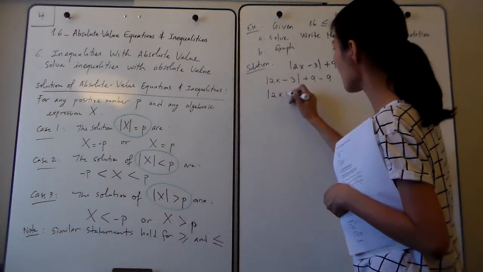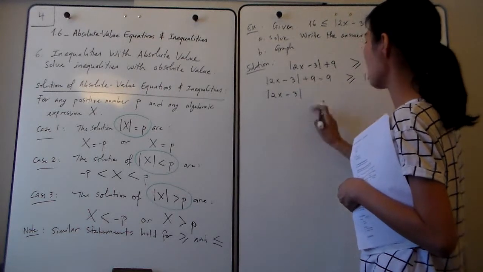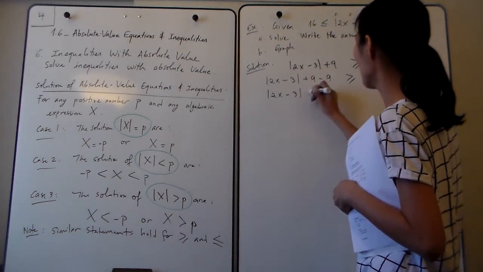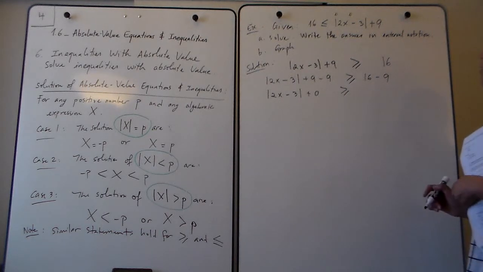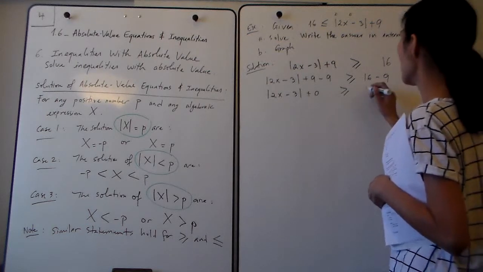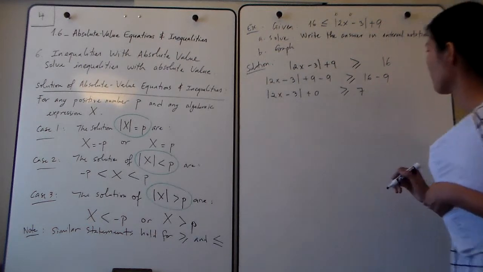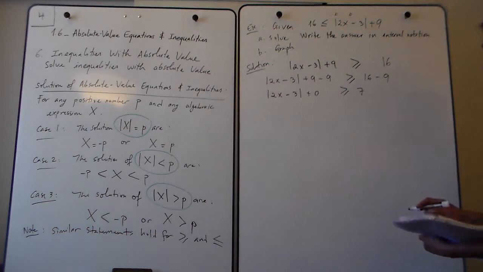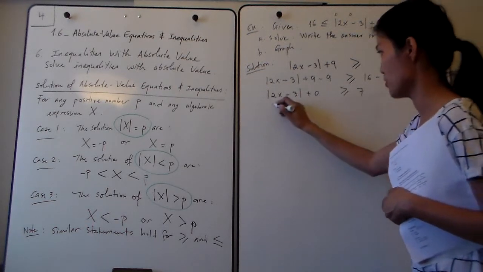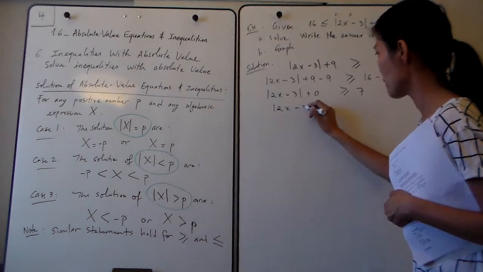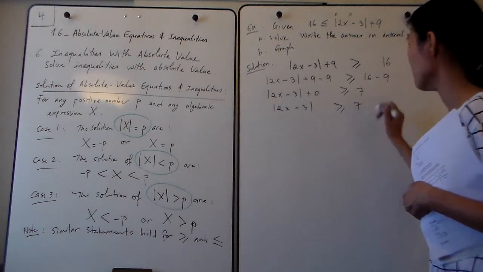Simplify: 2x minus 3, 9 subtract 9 is 0. 16 subtract 9 is what? 16 subtract 9 is 7, I believe. Yep. So 2x minus 3 plus 0 is just 2x minus 3, greater than or equal to 7.